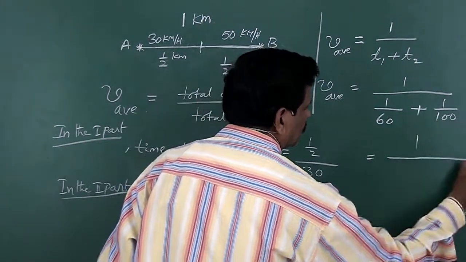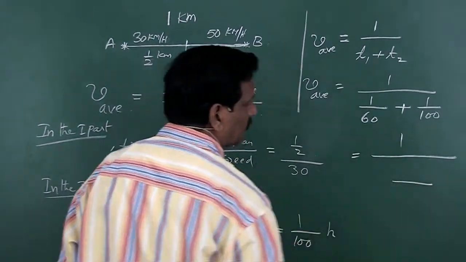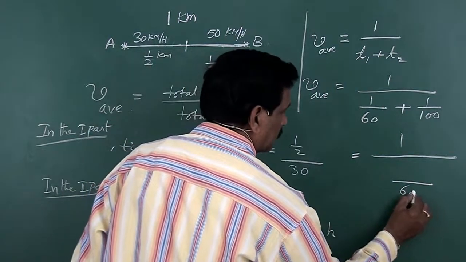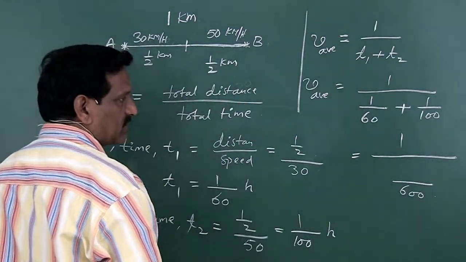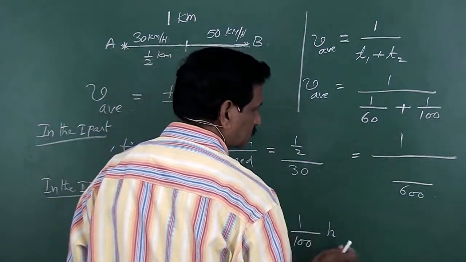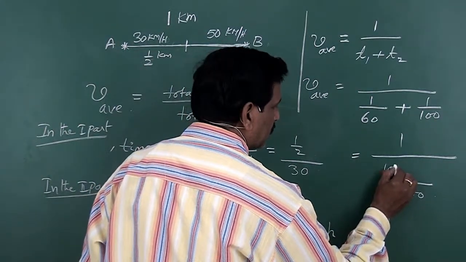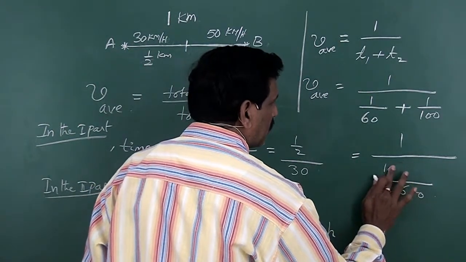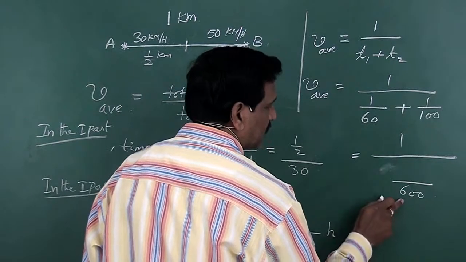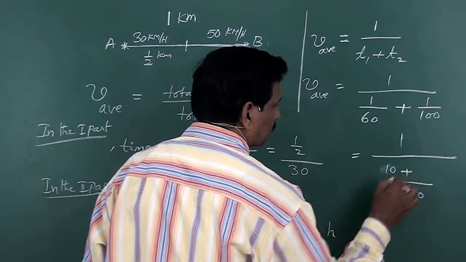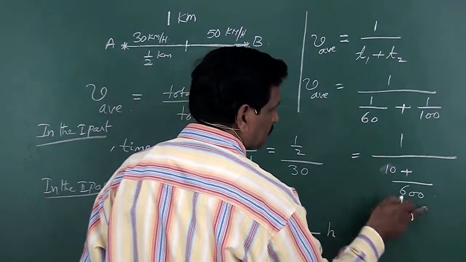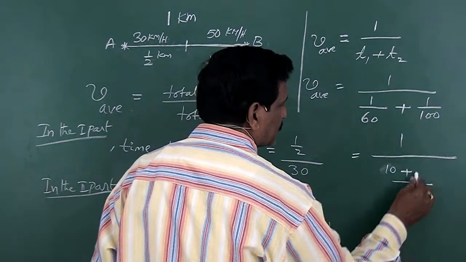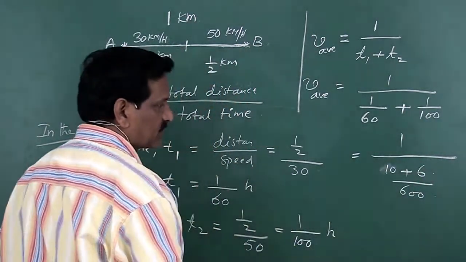So this is equal to 1 by, the LCM is 600 for these two. Then this is 100, or you can write 60 10 times, 600, plus 100 into 6, 6 times.